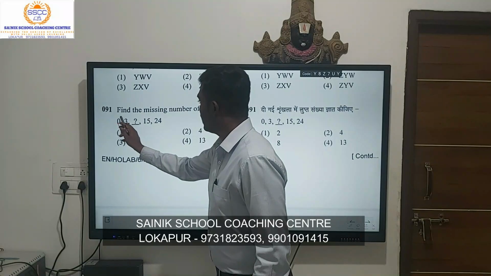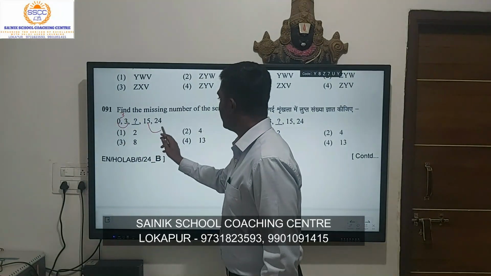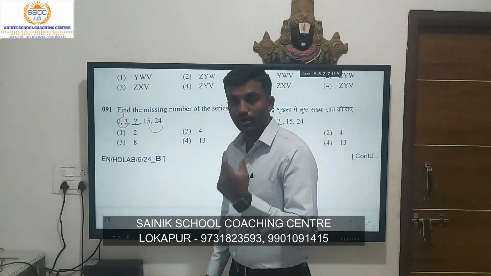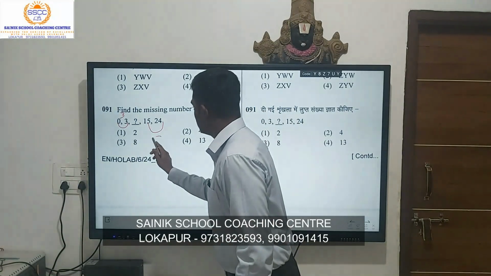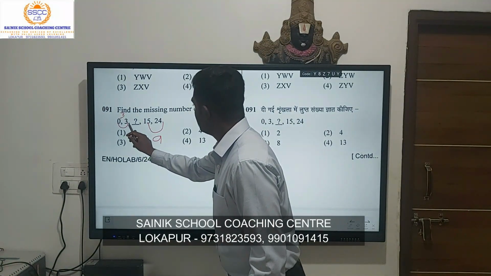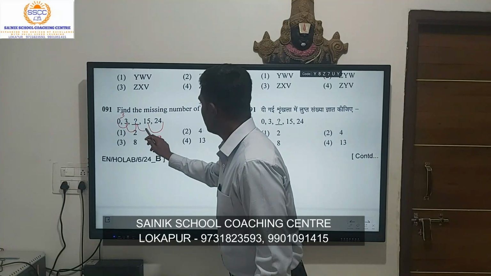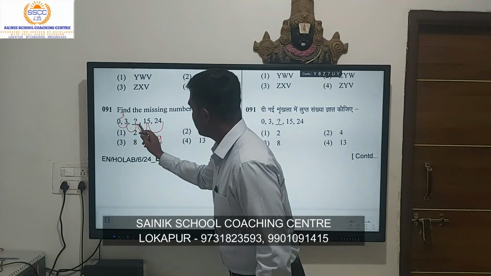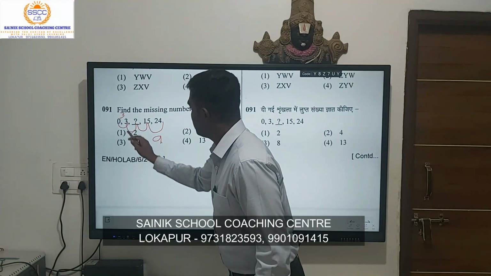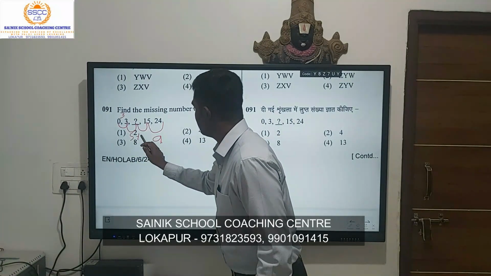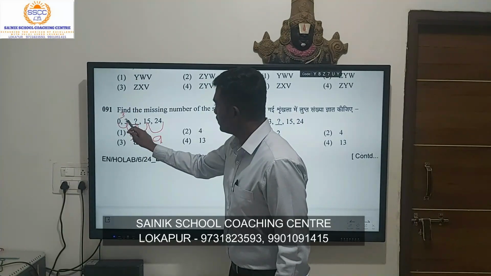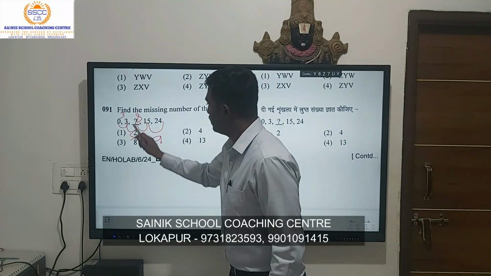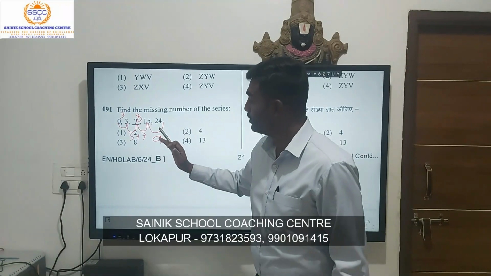From 0 to 3 we have a difference of 3. From 15 to 24 we have a difference of 9. So there should be a certain relation which makes it 9. From here, if you take 5, that makes 3 plus 2, and then 7, 3 plus 5 is 8, which satisfies the given series.